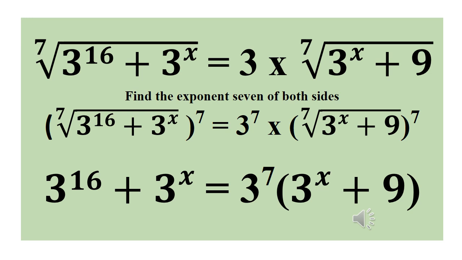If you do that, we have the 7th root of 3 raised to power 16 plus 3 raised to power x, all raised to power 7, equals 3 raised to power 7 multiplied by the 7th root of 3 raised to power x plus 9, all raised to power 7. So the 7th root and the raised to power 7 cancel each other, and then we have 3 raised to power 16 plus 3 raised to power x equals 3 raised to power 7 multiplied by 3 raised to power x plus 9.